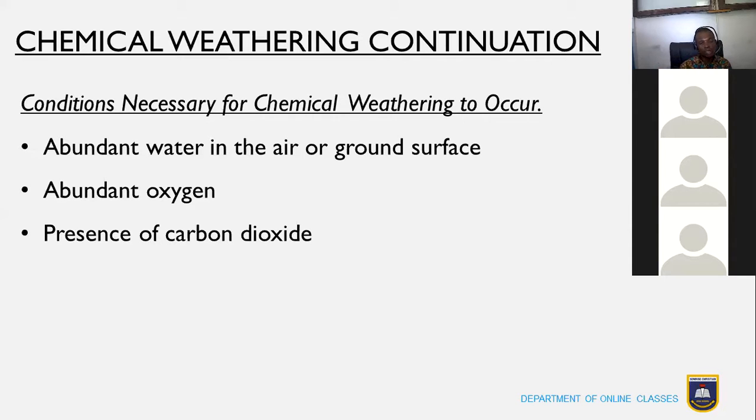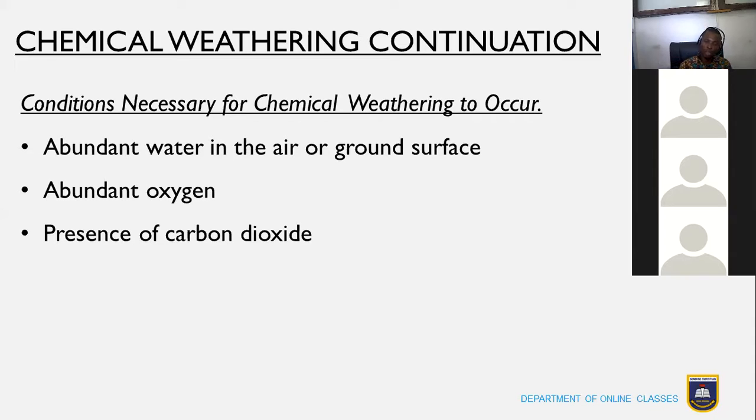Now, the second condition is about oxygen. So there should also be enough oxygen in the air or the environment. And this is very, very important, particularly with regards to the disintegration of rocks.